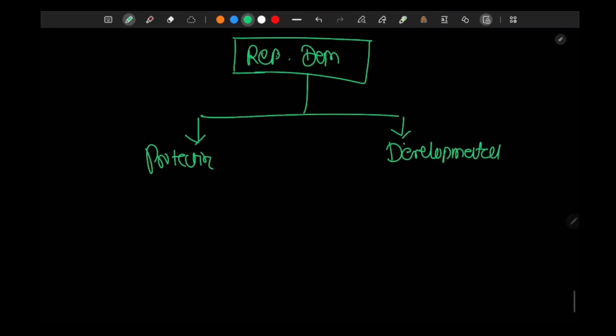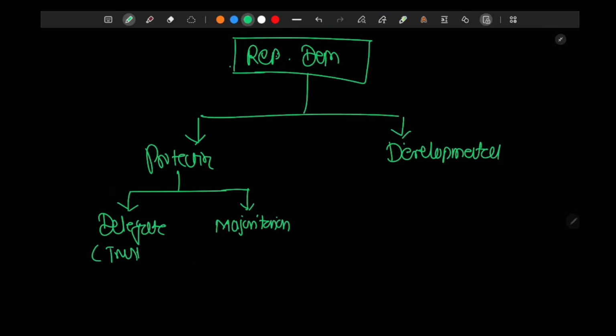Protective model has two submodels. First is delegate. This delegate model is of deliberative democracy, not of representation, right? The second model is majoritarian. Delegate model works on trusteeship. Majoritarian model works on aggregation of interest or aggregation of preferences.